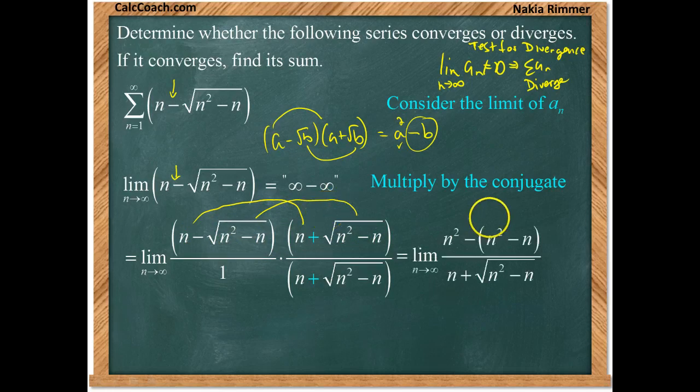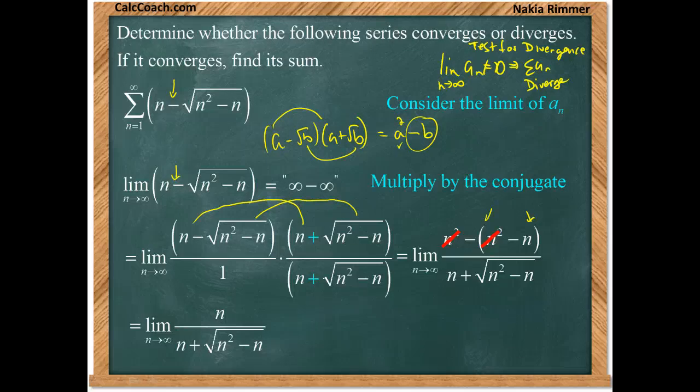So you have to introduce parentheses, because the minus applies to both parts. The denominator is just the conjugate, and we get some cancellation. The two n squared terms cancel out, and we're left with an n. And so we have n over n plus the root of n squared minus n.